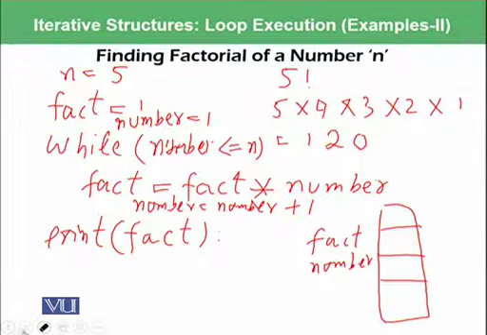So in fact we will have 120 and number will become 6. And then this condition, 6 is less than equal to 5, will be false. And this will be the end of the loop, and it will come over here to print the fact.